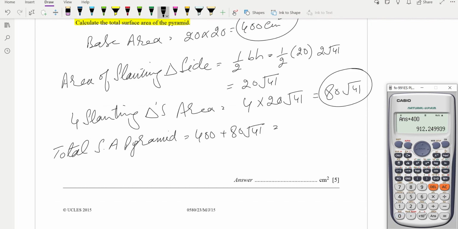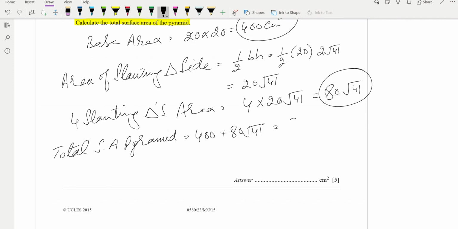This will be equal to 912.24. So the answer will be 912 centimeters square.